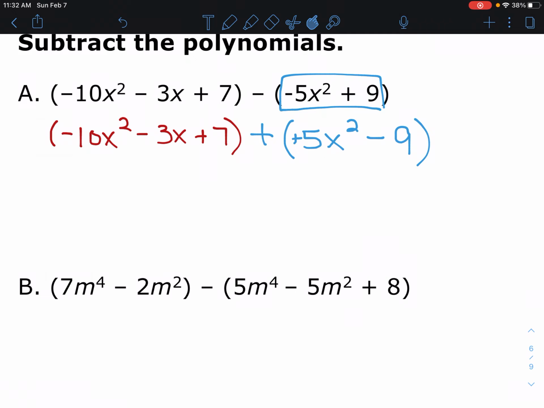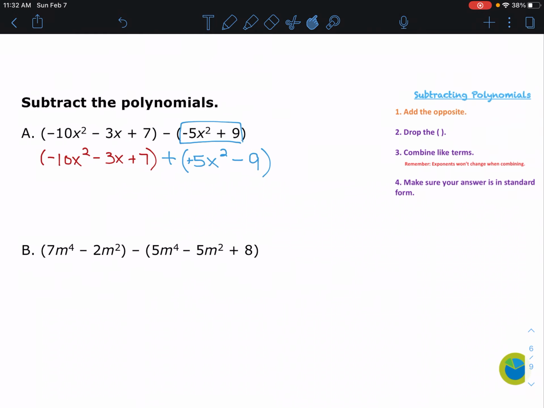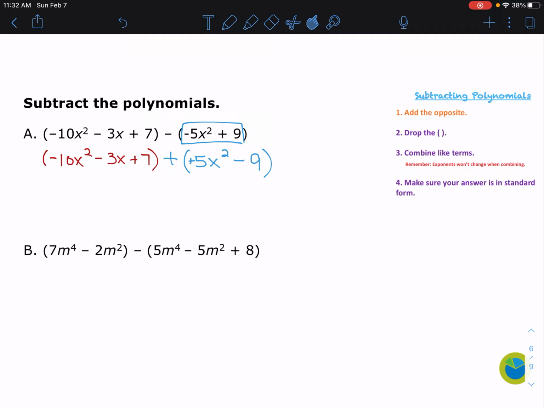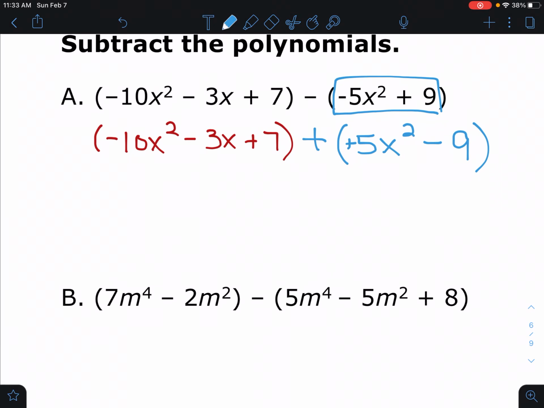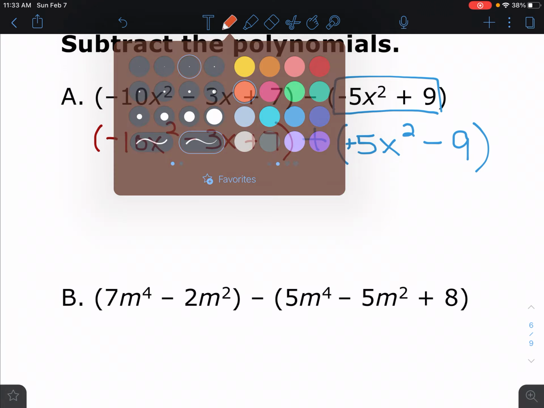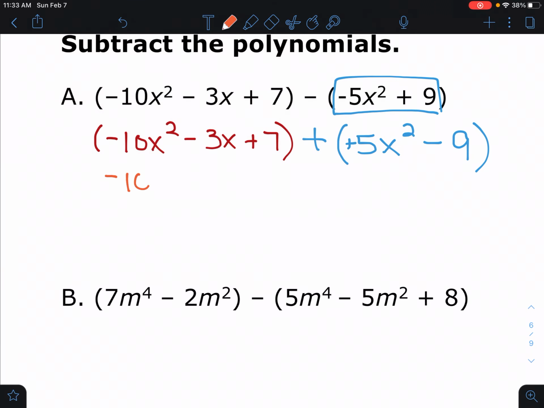Now, step 2. So that's step 1. We just add the opposite. I've now rewritten this as an addition problem. Now we already know how to do this. So now I'm going to drop the parentheses and combine some like terms. So I am going to just rewrite this without the parentheses.